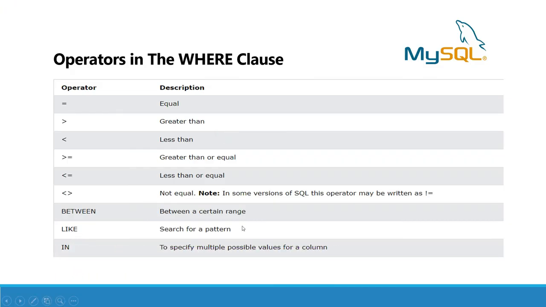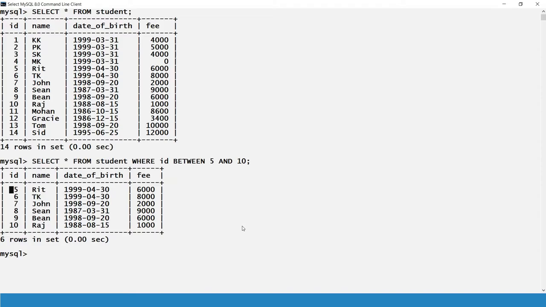Then you can use the like operator for pattern matching. Let's see how the like operator works. Again I'm going to write a select statement, and in the where clause I'm going to use, let's say, name like. I want all the student details whose name ends with the letter k.